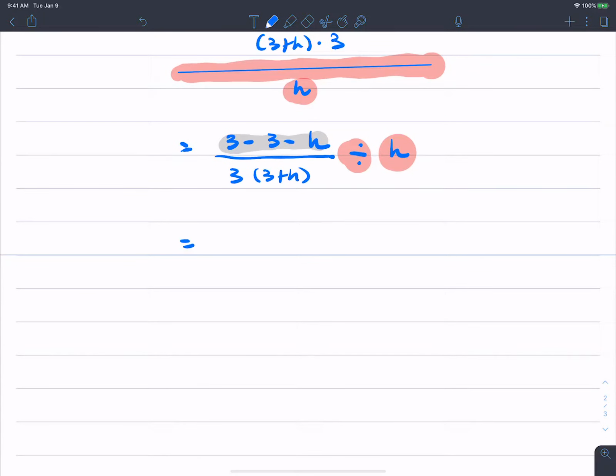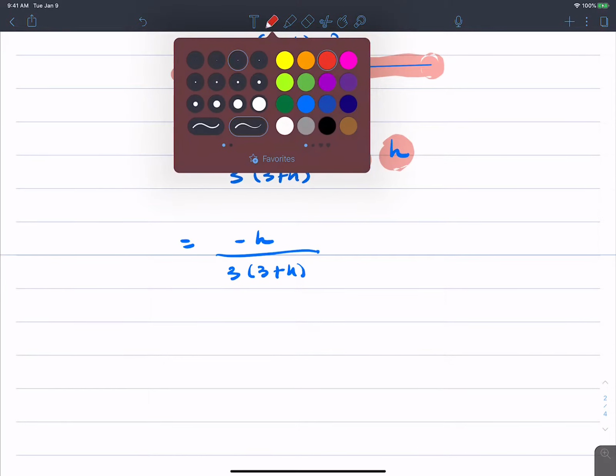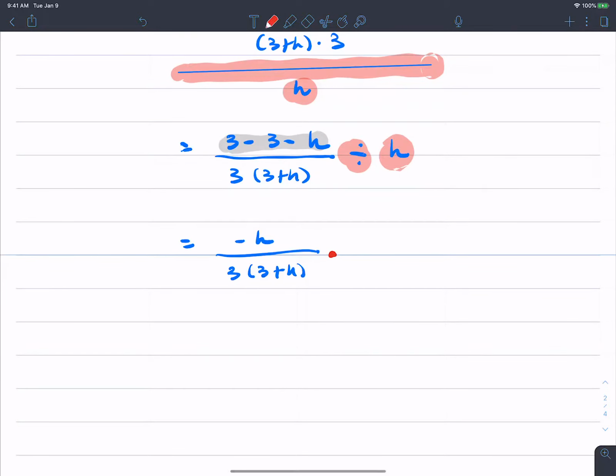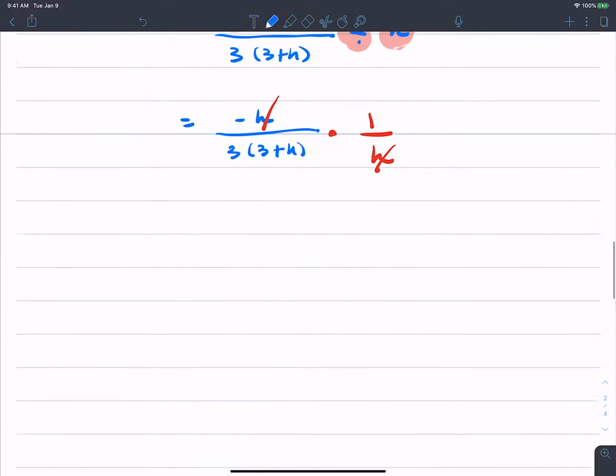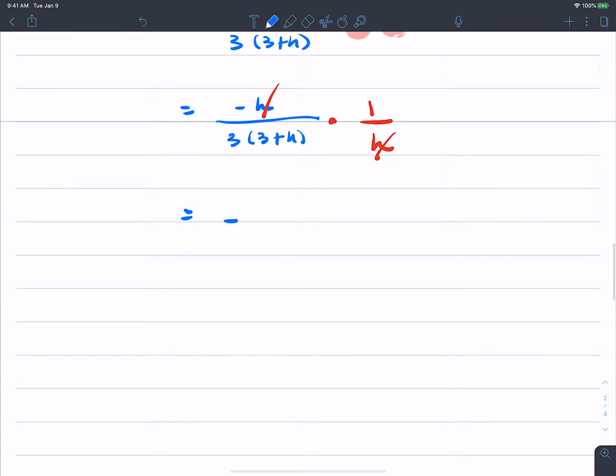So you end up with negative h over 3 times (3 plus h). Now remember what it means to divide by a whole number. It's multiplying by the reciprocal. And you get to cancel. So we end up here with negative 1 over 3 times (3 plus h).